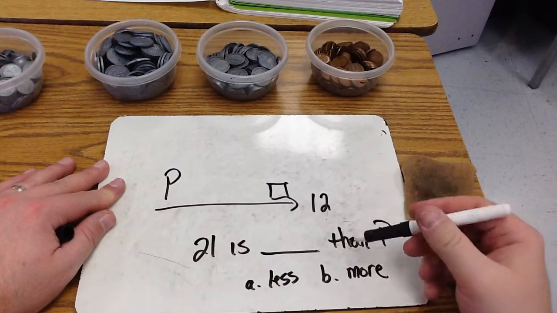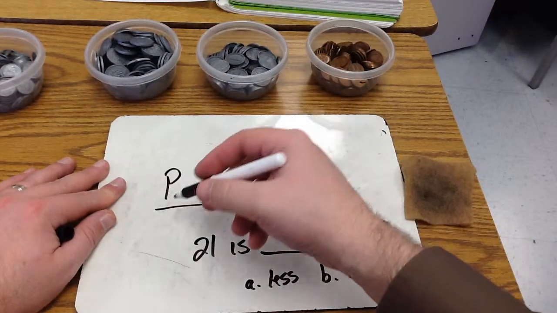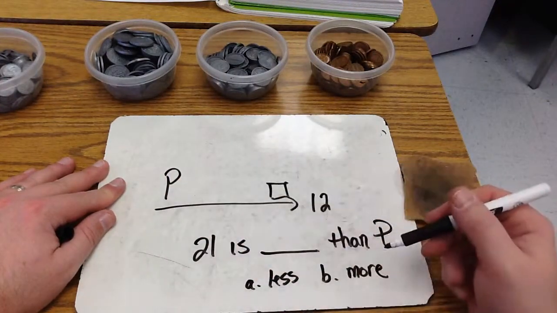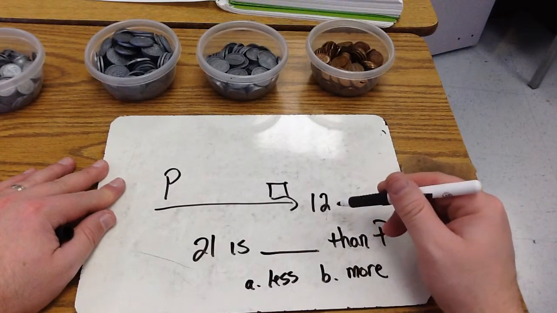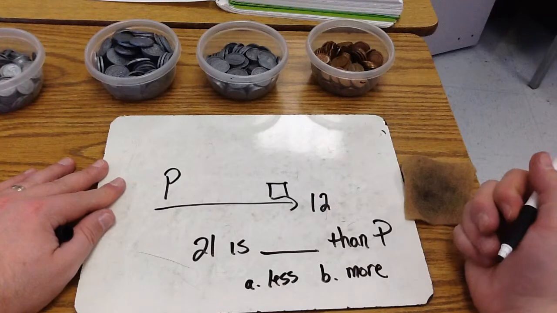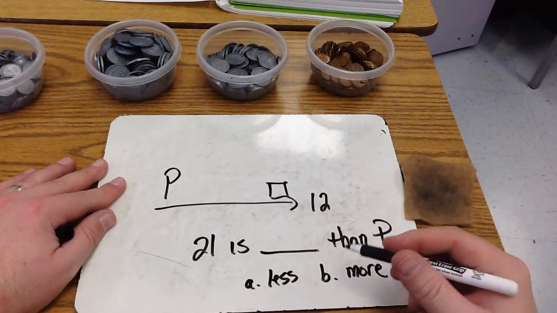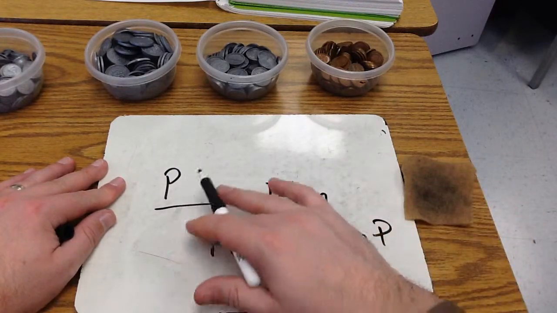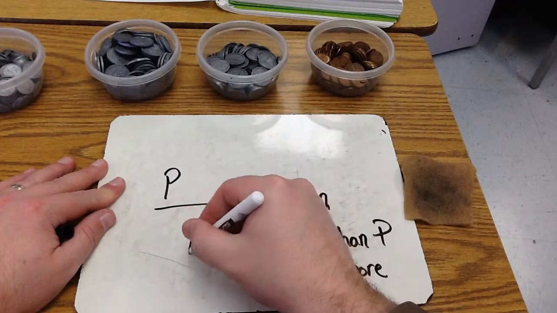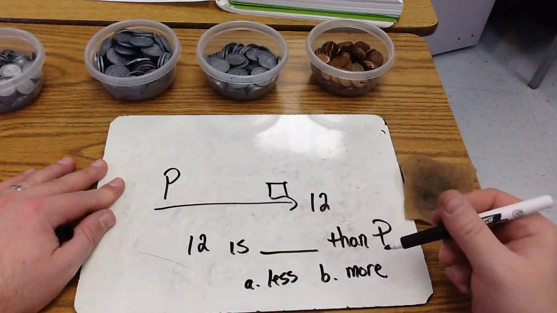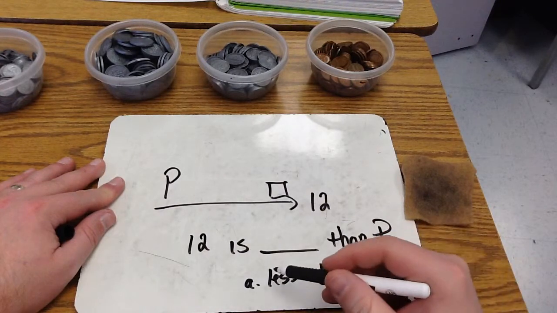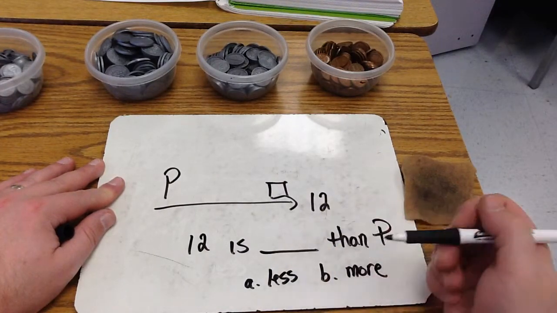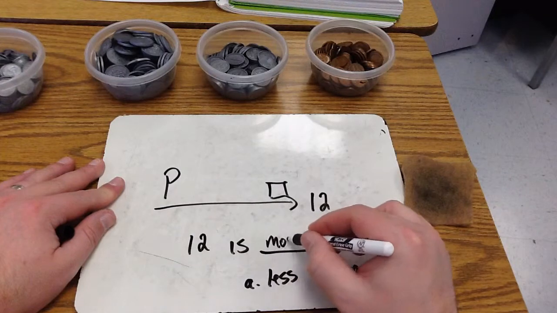Looking at this, P is clearly my small number because it's on the number family line, and 12 is the big number because it's off of the number family line, right? Correct. So the question becomes, why did I write 21 is the question, because I wrote the number 12 up here. So is 12 going to be more, or is it going to be less than P because it's the bigger number? It's going to be more because it's the bigger number.